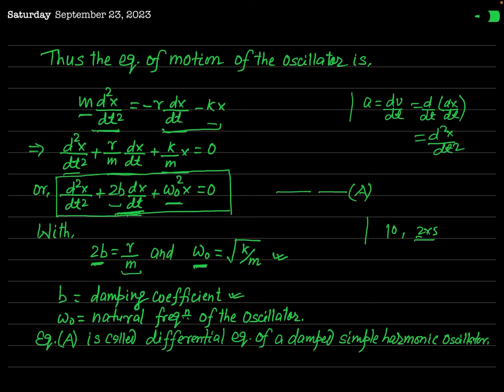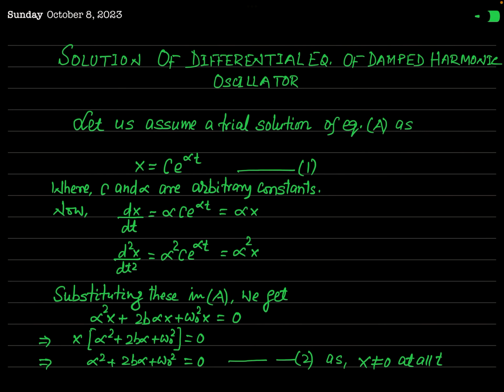Even now, if you consider that b is equal to 0, it means there is no damping, then this equation will become d2x by dt square plus omega naught square x equal to 0, and you know that equation is simply the equation of a free oscillator. Okay, but due to the presence of this second term, this equation is the equation of motion of the damped harmonic oscillator. Actually, this second order differential equation will be solved by considering a trial solution.